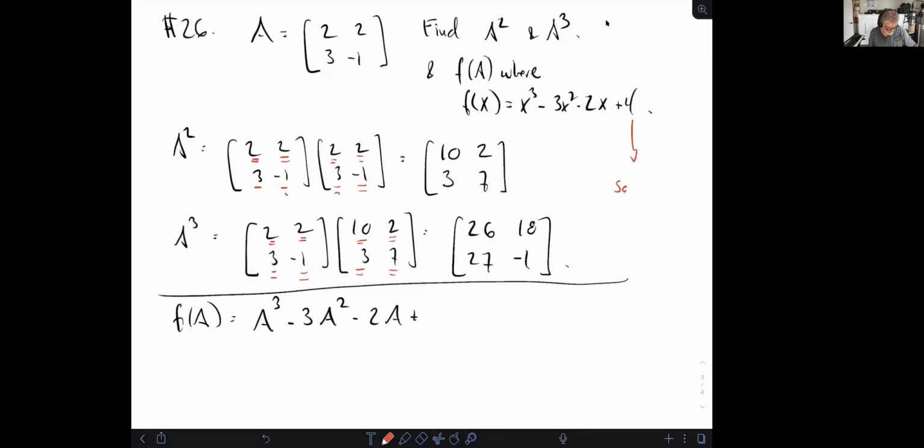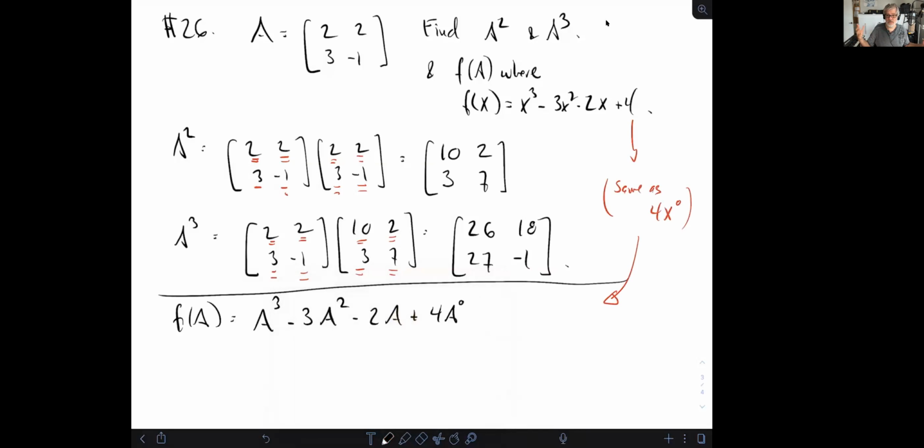This is the same as 4 times x power 0, right? Which means that when I'm evaluating at the matrix, it's plus 4 times A power 0. What is by convention A power 0? It's just like for real numbers, it's the 1.